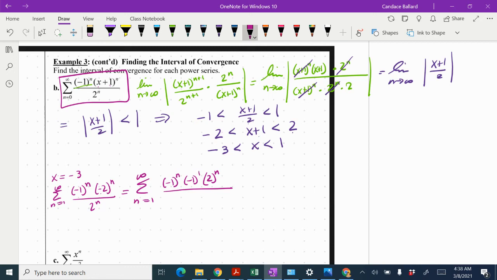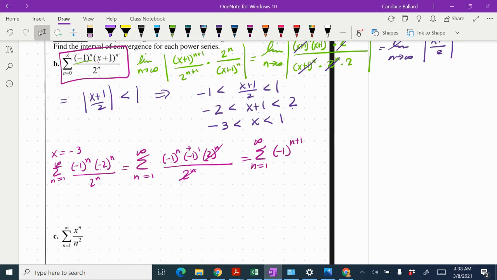So really what I have going on here is that my 2 to the n's cancel, and when we are multiplying, remember we add the exponents. So I really have the sum from n equals 1 to infinity of negative 1 to the n plus 1. That's what my series simplifies to. I am going to try using the nth term test.